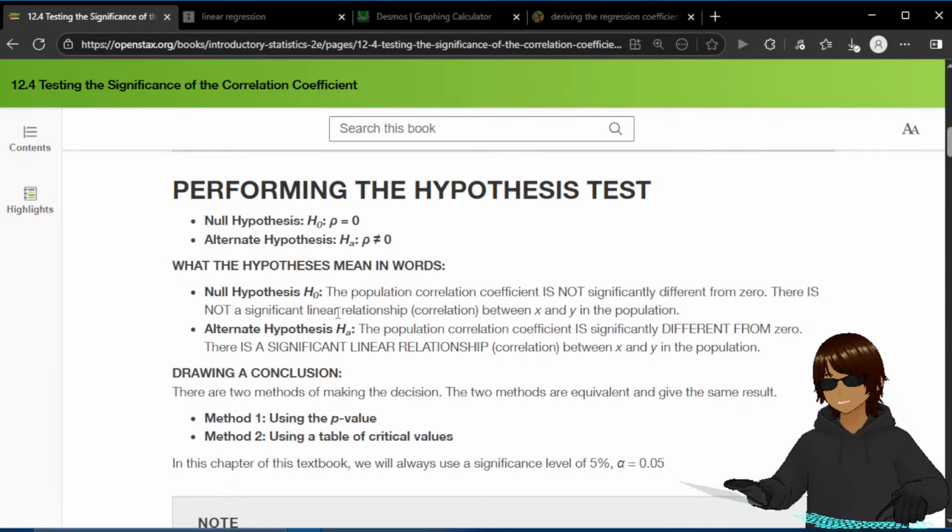There is not a significant linear relationship between X and Y in the population. Correlation coefficient being 0 means there is no correlation, right? This is the R value. Well, it's the rho value.